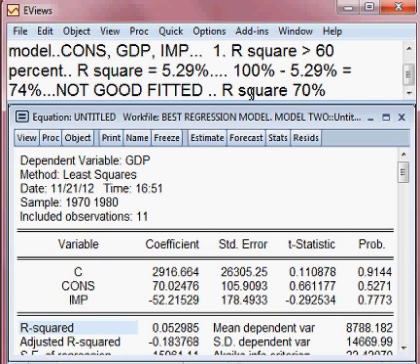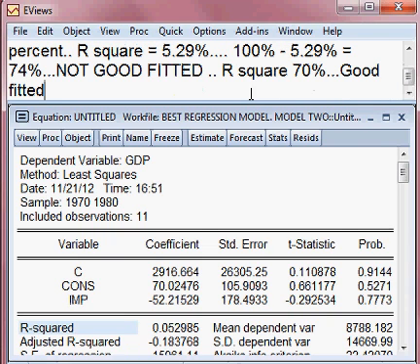So we can accept the model. That means the model is well fitted if the R square value is more than 60%. That means the higher the R square value, the better the fit, all the time. Okay, so this model is not well fitted, so we are not happy.